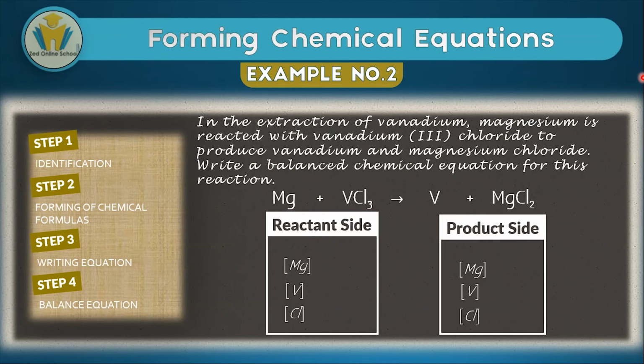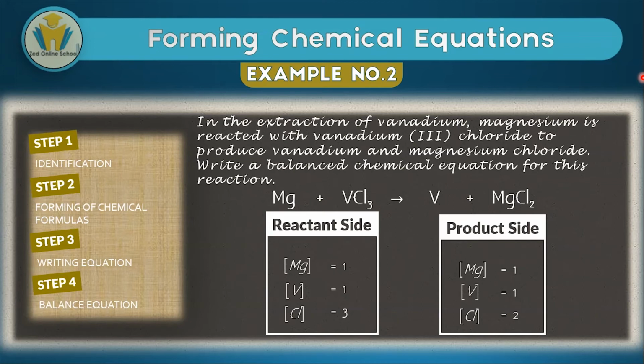These are the elements involved: magnesium, vanadium, and chlorine. We're going to see if they are balanced at the onset. We were very close until we found out that chlorine is what is not balanced.